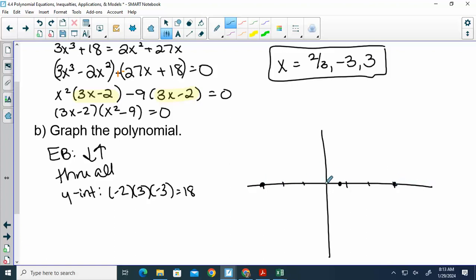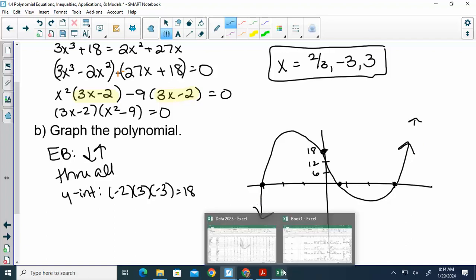Positive 18, hit the y-axis at 18. Start down here and up here. Through all of our zeros. So something like that.